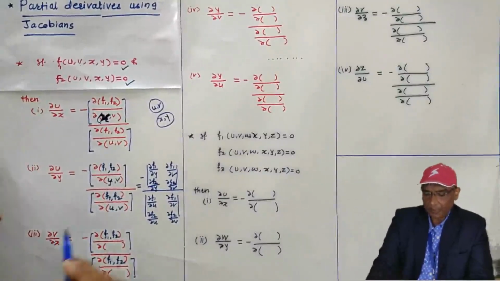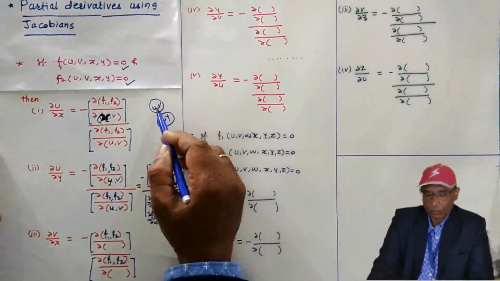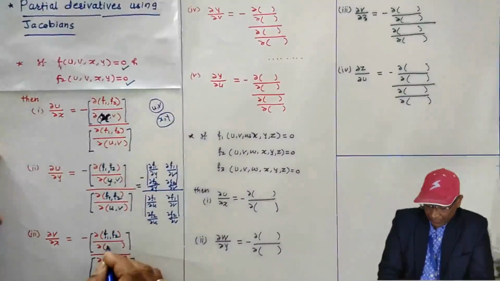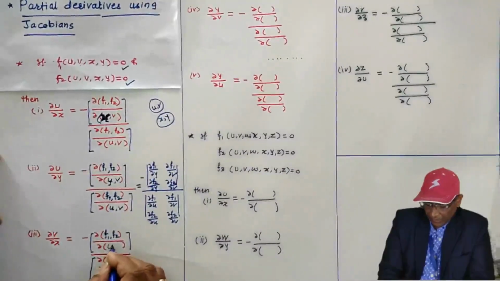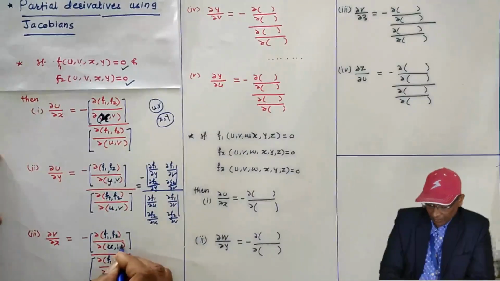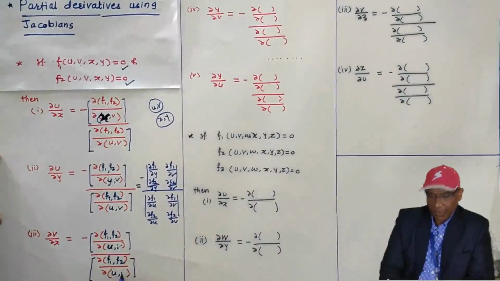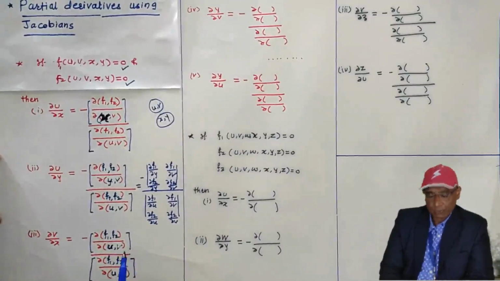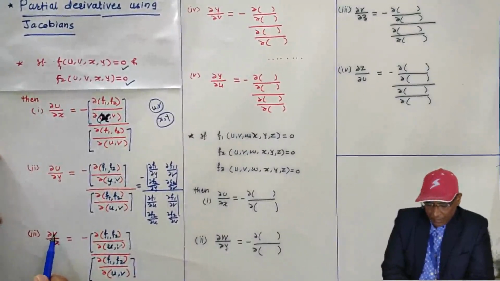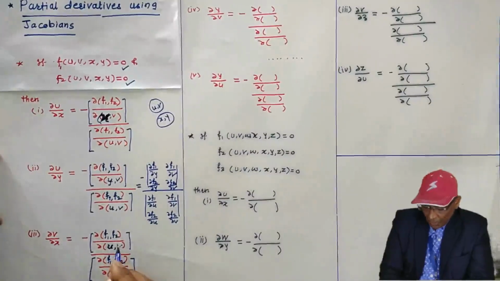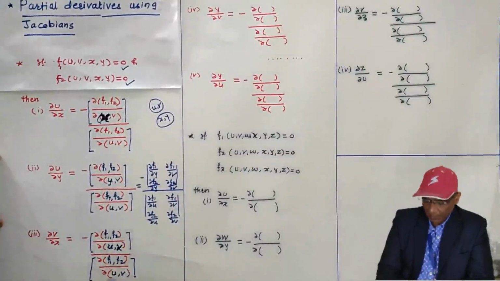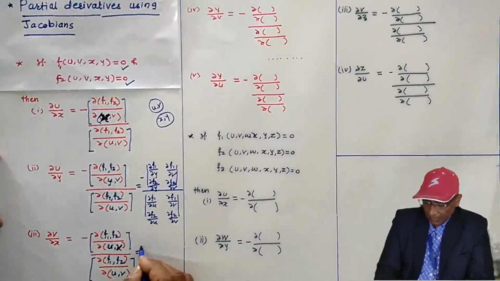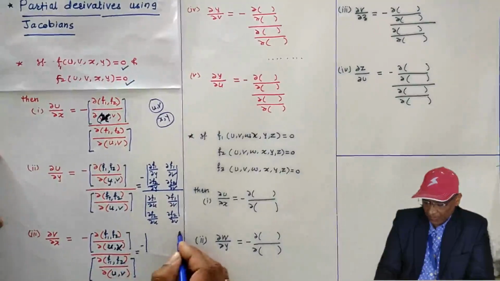V comes under the group of uv, so write down uv here. Now let's correct the formula: replace v by x in the numerator's Jacobian. Now this has become the formula.